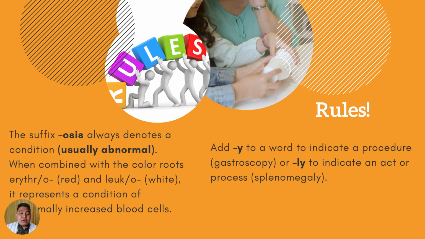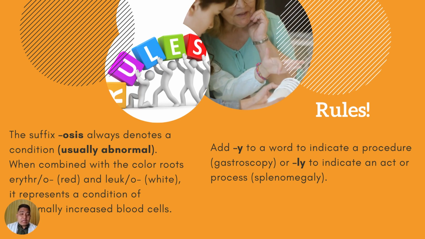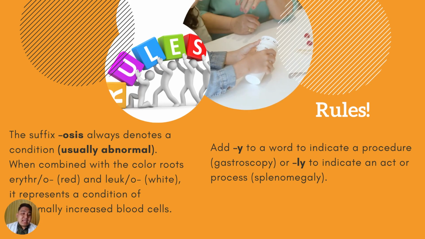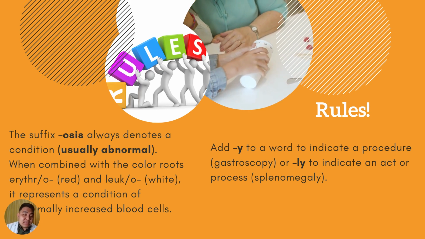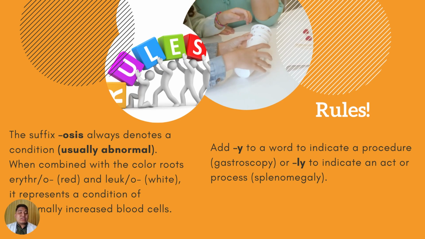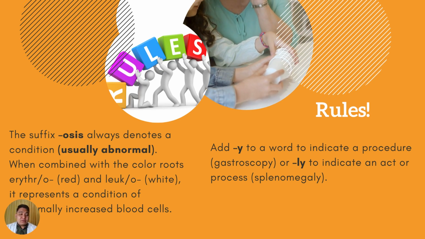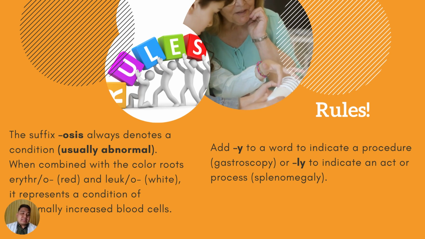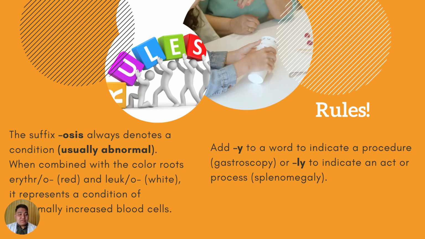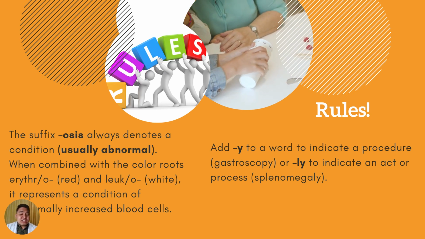The suffix -osis always denotes a condition, usually an abnormal condition. When combined with the color roots erythro, or red, and leuc, which means white, it represents a condition of abnormally increased blood cells, such as leukocytosis, meaning there is an increased number of leukocytes. Erythrocytes are the red blood cells.